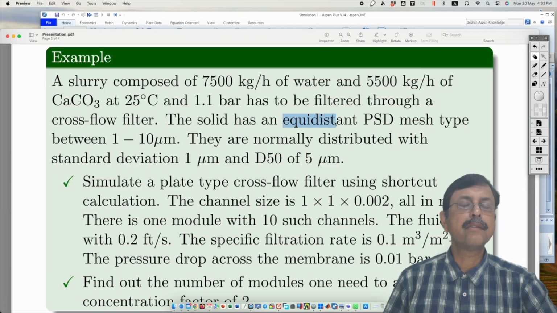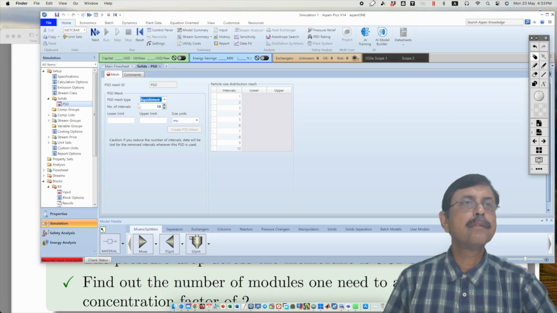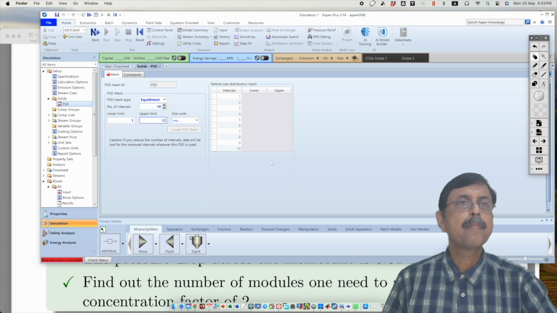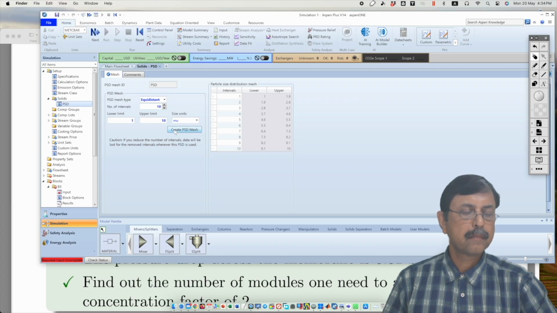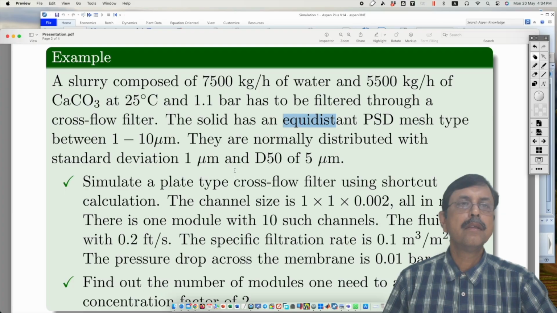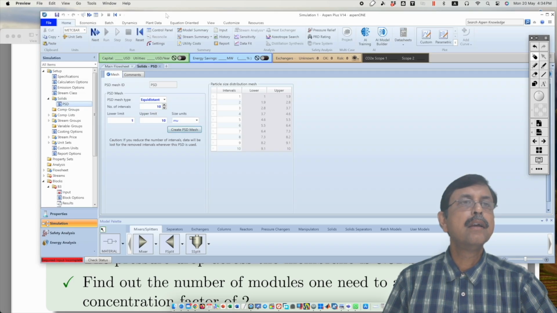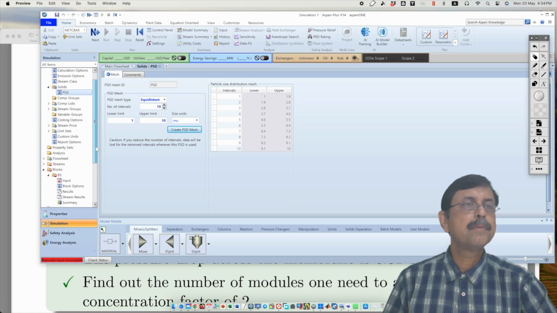Yes, this is equidistant, between 1 to 10 microns. And they are normally distributed with standard deviation 1 micron and d50 of 5 micron. That will be given later.